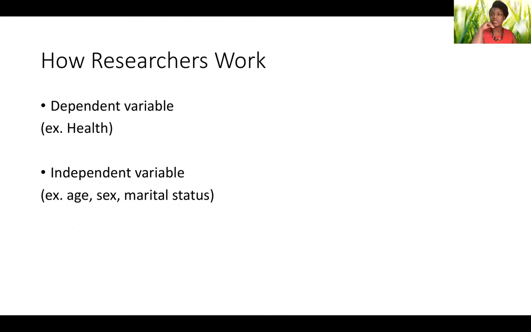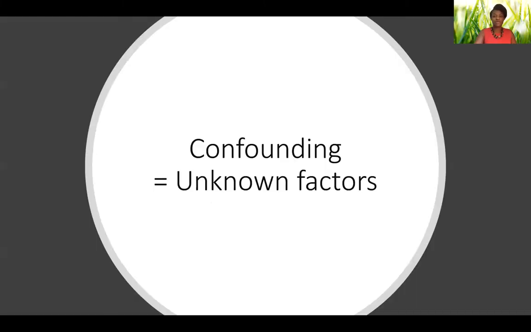something else that we're interested in knowing, what you want to be careful with when you're building your model. So when you're making your research project, you're building your model as a researcher, you're interested in confounding. So, confounding factors, and those are your unknown factors. When you have confounding in your analysis, those are other independent variables that you just might not have accounted for when you're doing your analysis.